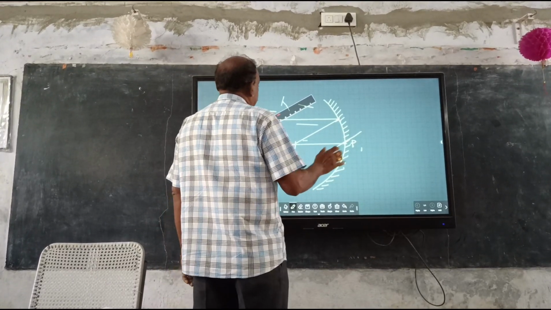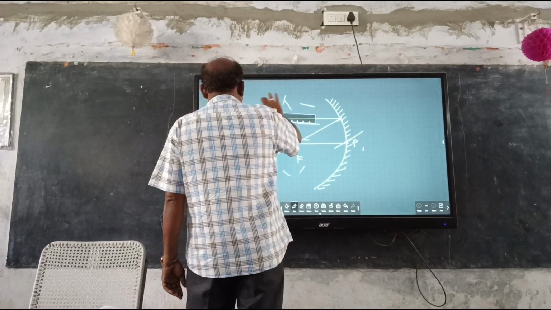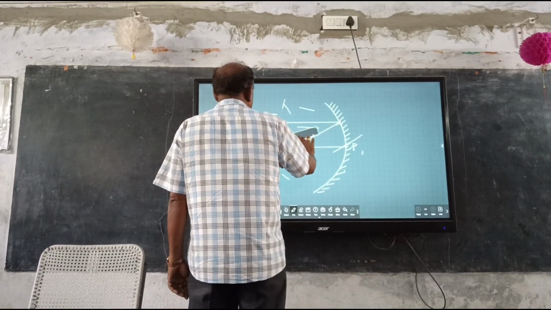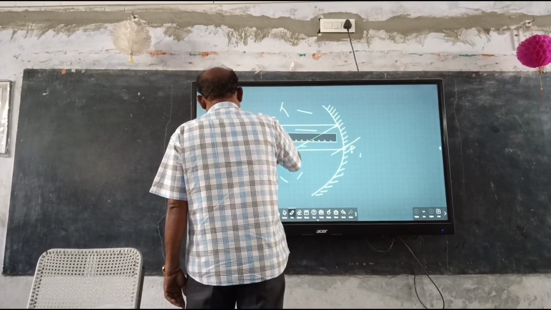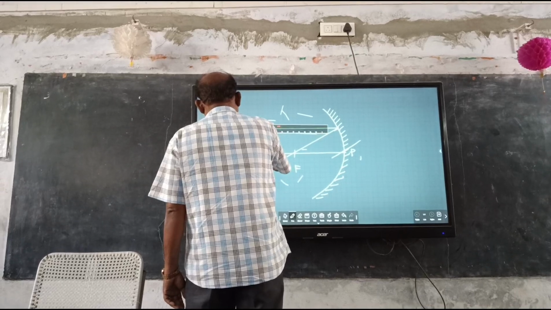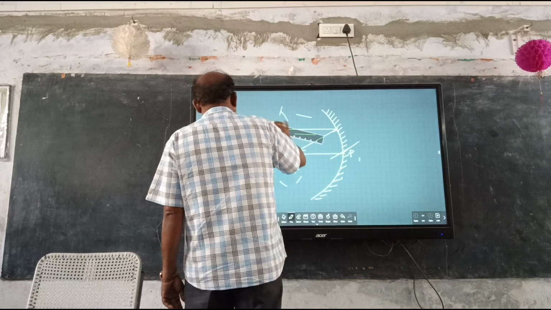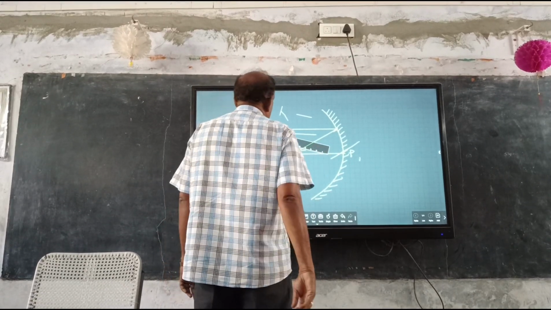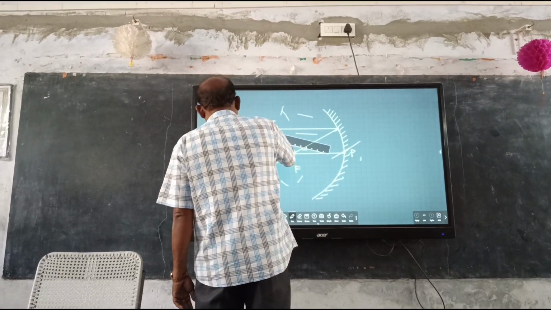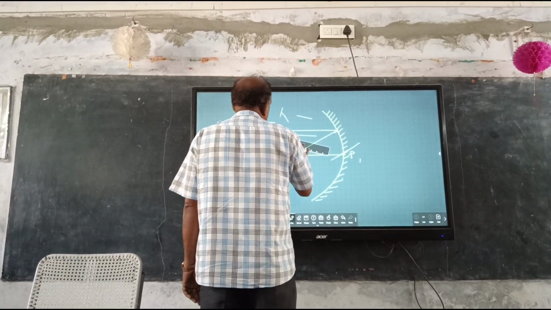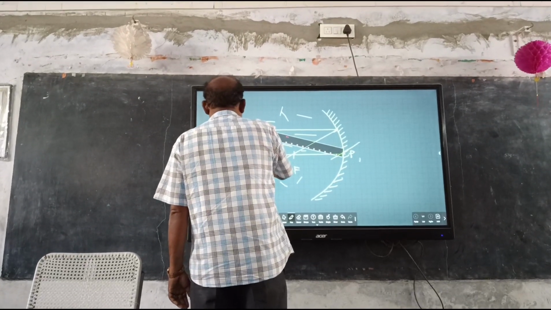And the second ray passes through the pole. This is the second ray.